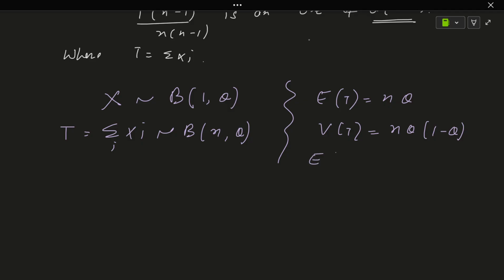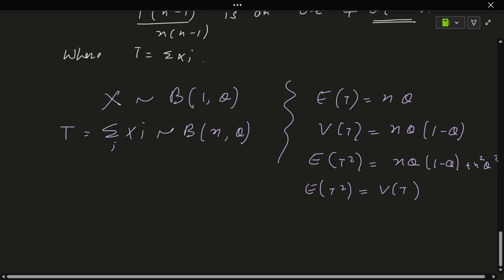So the expected value of T square will be n theta(1 minus theta) plus n square theta square. Why? Because the expected value of T square will be equal to the variance of T plus the whole square of the expected value of T. Is this clear?